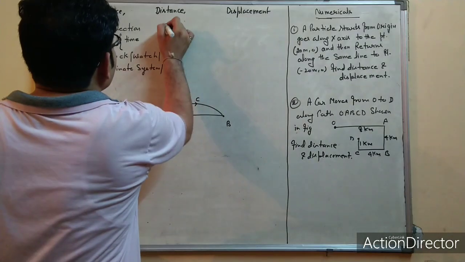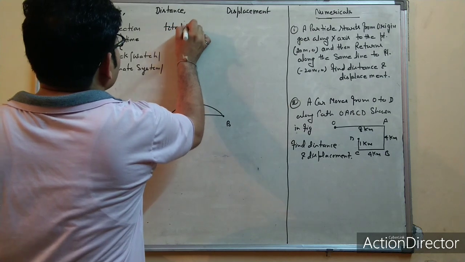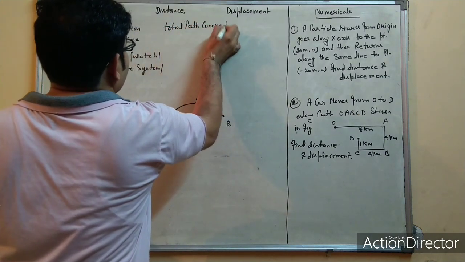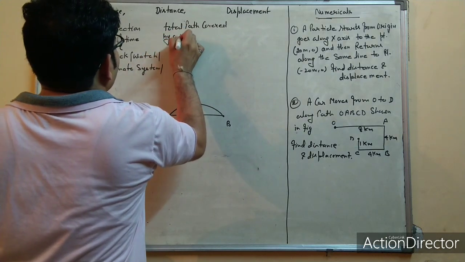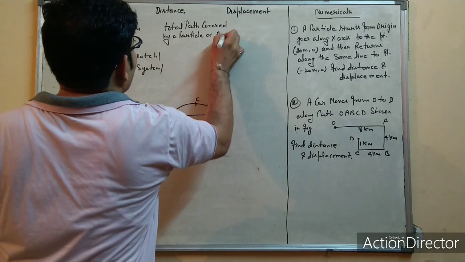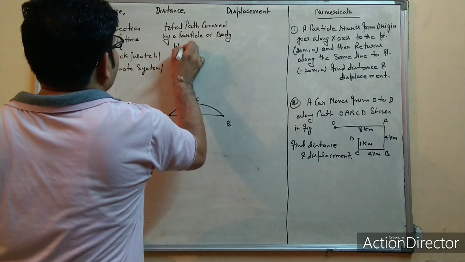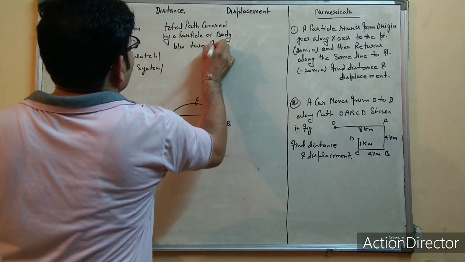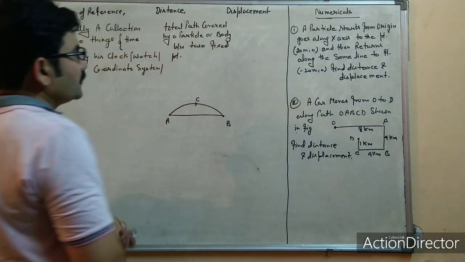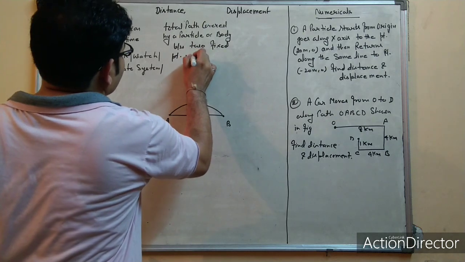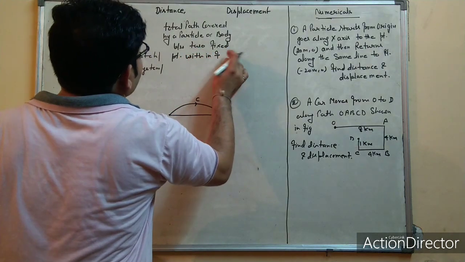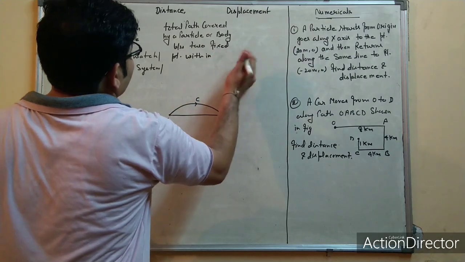Means distance is the total path covered by a body or particle between two fixed points within a given, finite time.